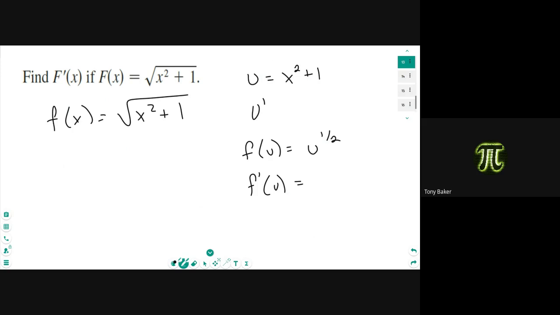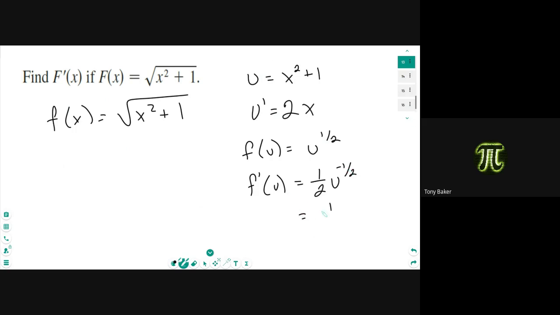So what is the derivative of u? The x squared plus 1. That's just 2x, right? And then the derivative of u to the 1/2 is 1/2 u to the negative 1/2, right? I think is what you said.